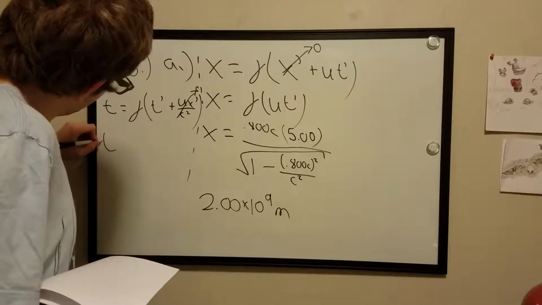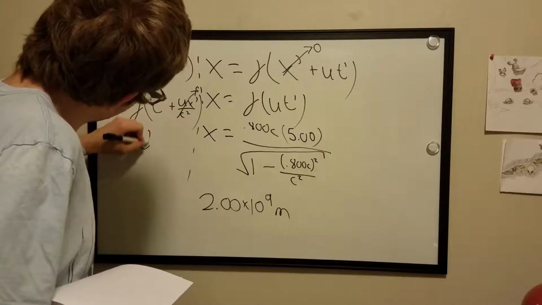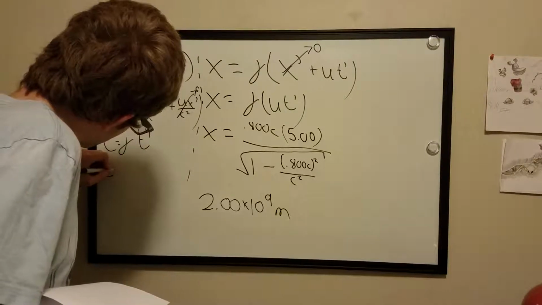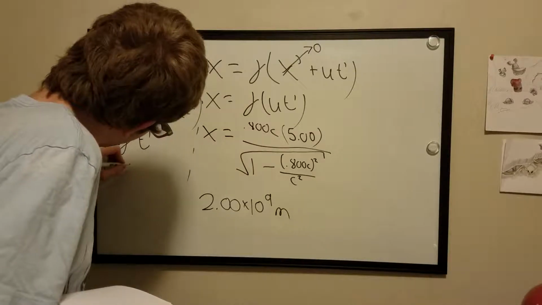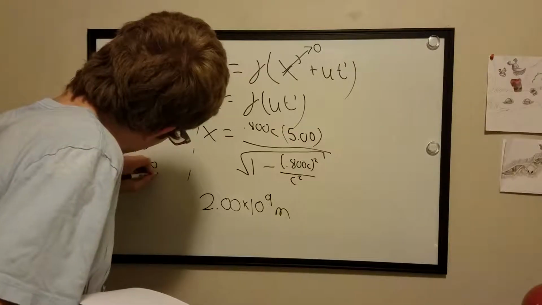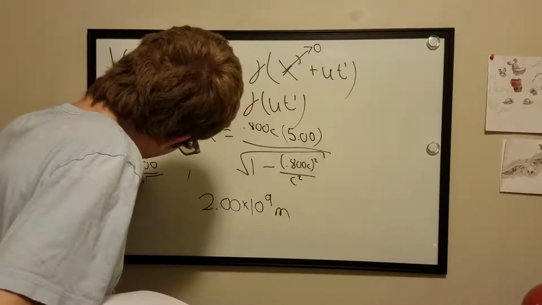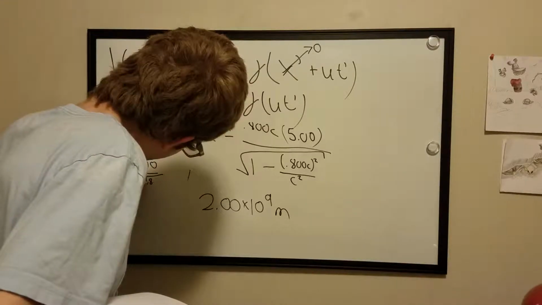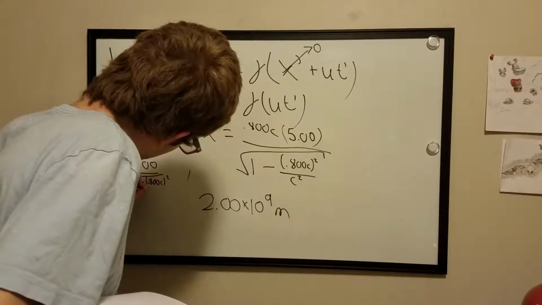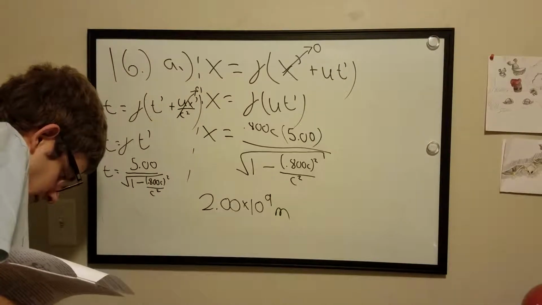So then Stanley's time is just gamma times t prime, which goes to t equals Mavis's time, which is 5.0, all over the square root of 1 minus 0.800 c squared all over c squared.